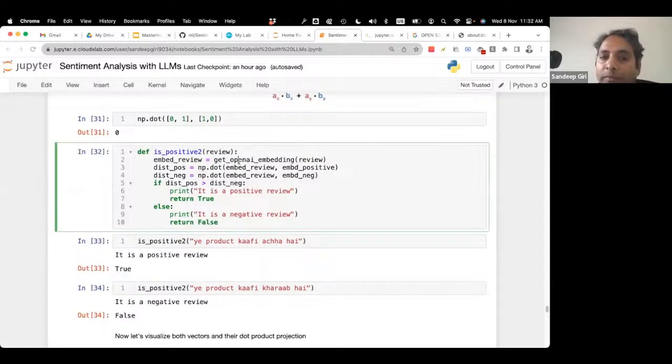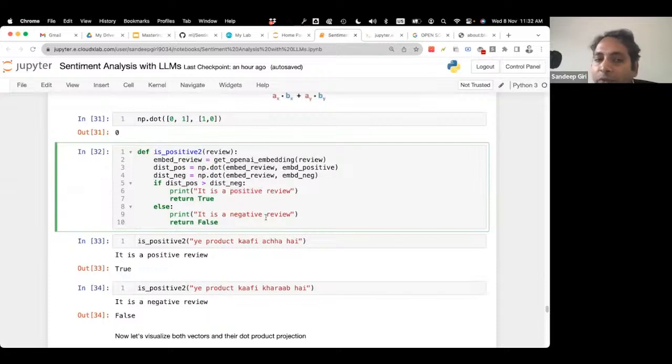So you can do the dot product like this, let's say the embeddings that we are computing, this and this. So we computed the dot product. Dot product represents similarity. If positive is more than the negative, that means it's a positive review.